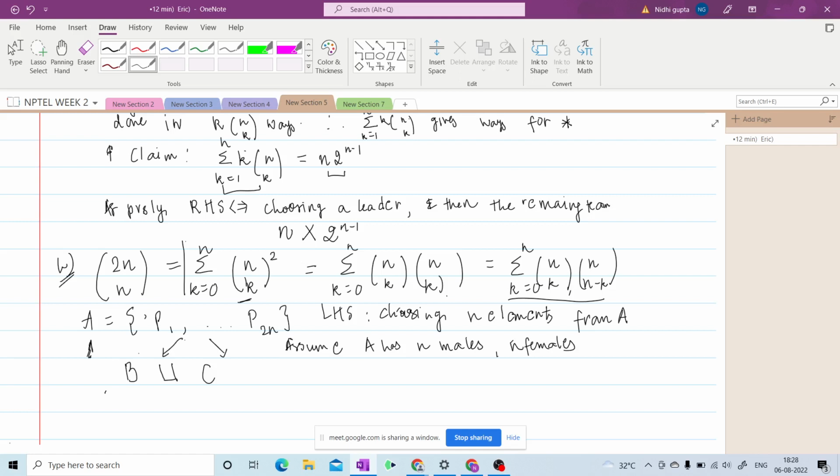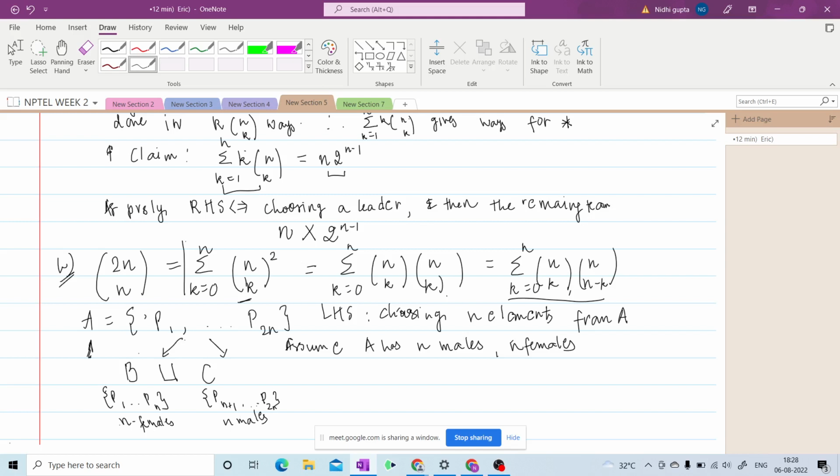So I'm just partitioning it like this: suppose P1 till Pn are the n females, and Pn plus 1 to P2n are the n males.